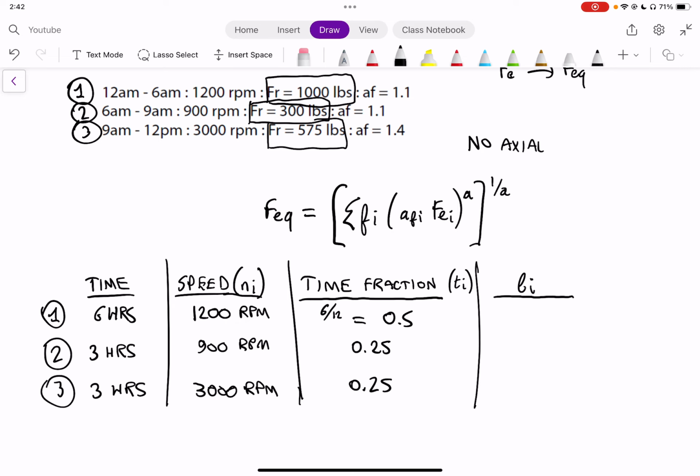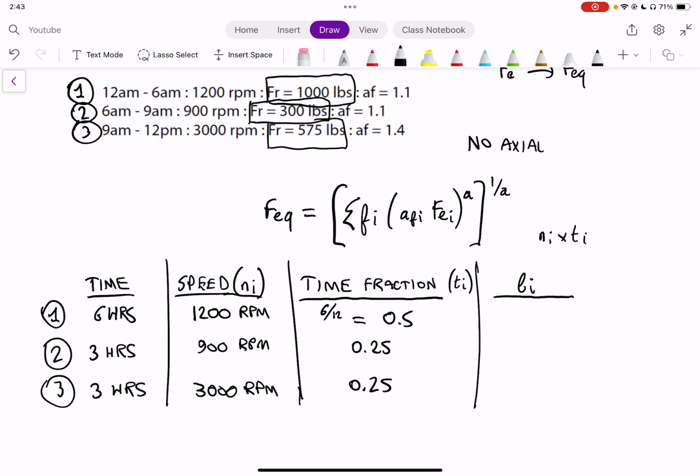So what we're going to do is say that L sub i is going to be expressed as n sub i multiplied by T sub i. So L sub i is essentially an arbitrary number that's given to each period to see what's the weight of each period.